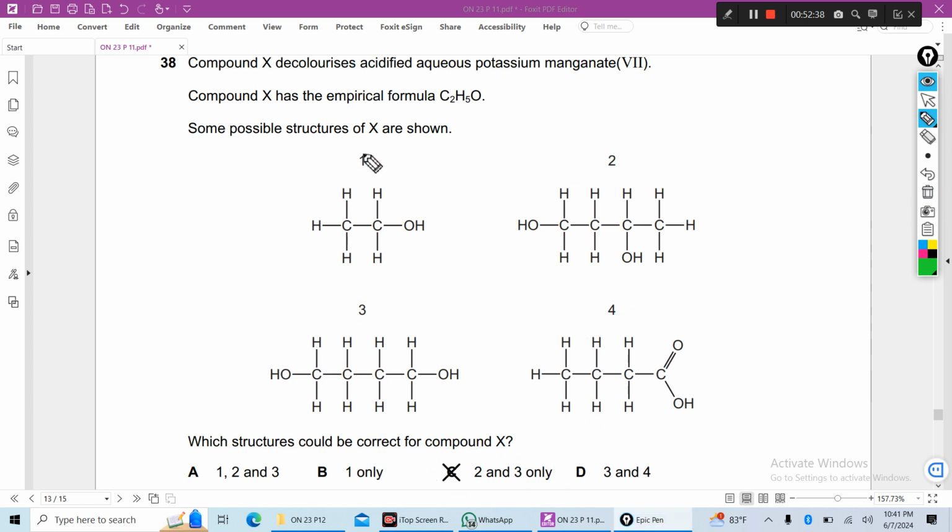So why not 1? The empirical formula is C2H5O, so the molecular formula will be 2 times, which is C4H10O2.